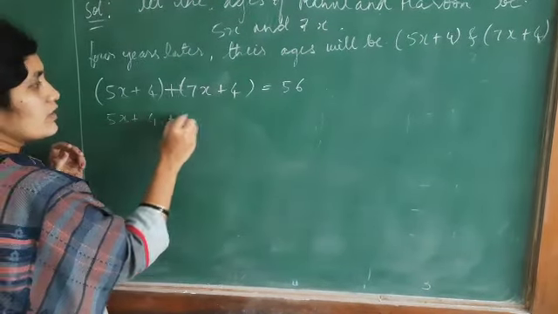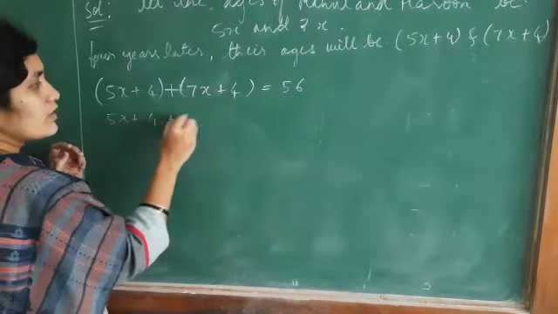Now add like terms. 5x plus 7x plus 4 plus 4 is equal to 56. 5x plus 7x is 12x plus 8 is equal to 56.